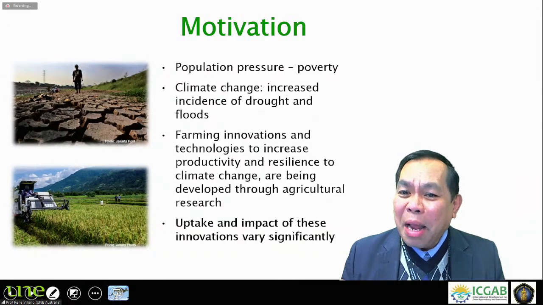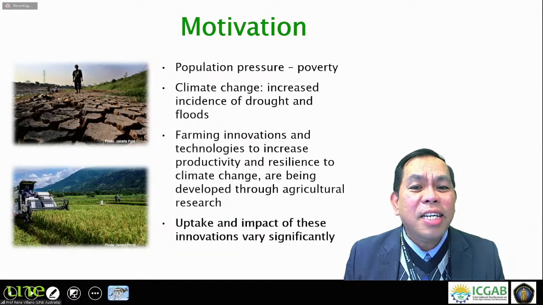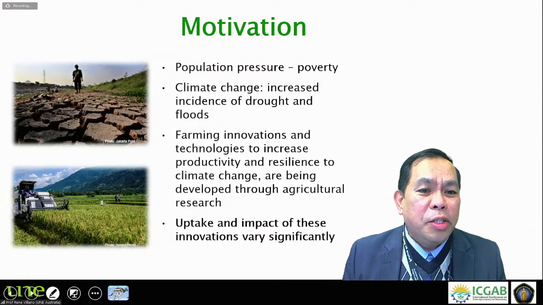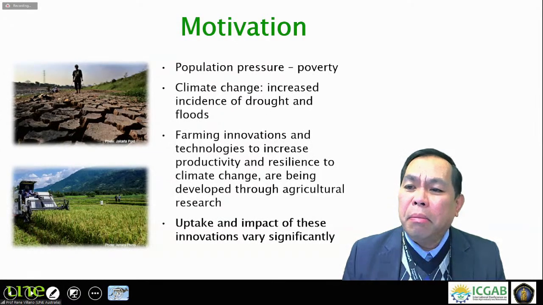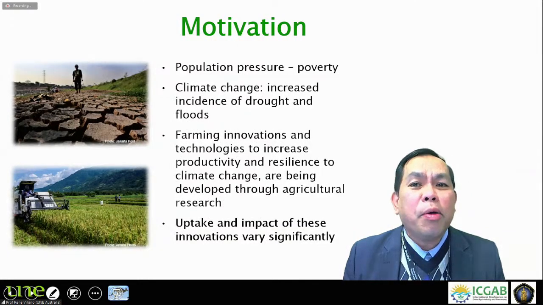Second, climate change has brought many challenges that have resulted in initiatives to address these poverty issues.